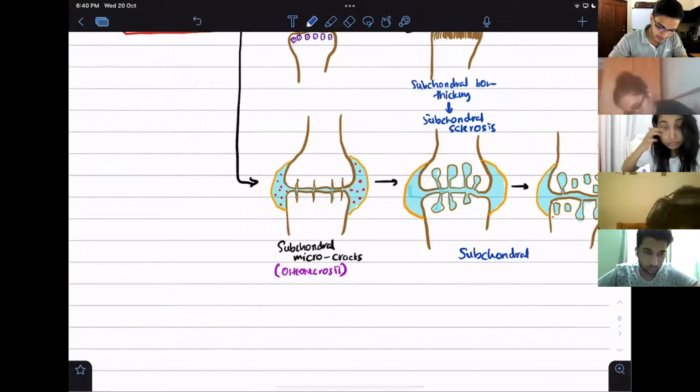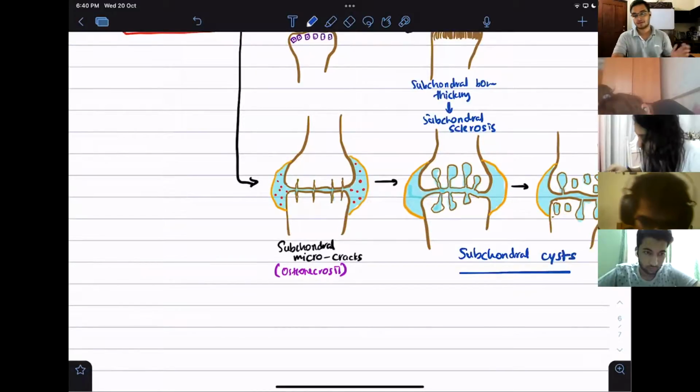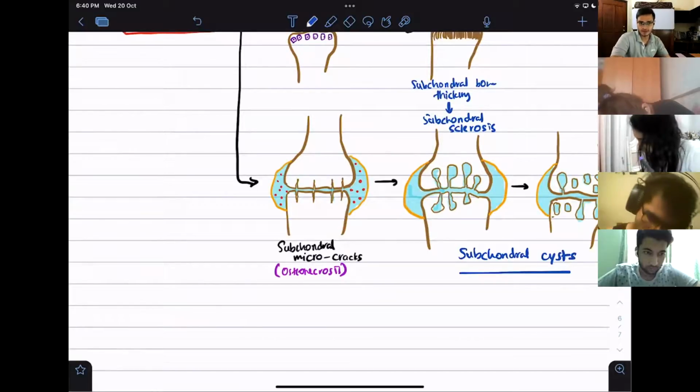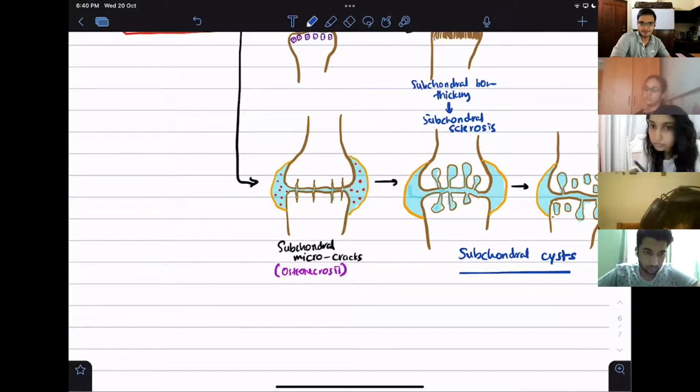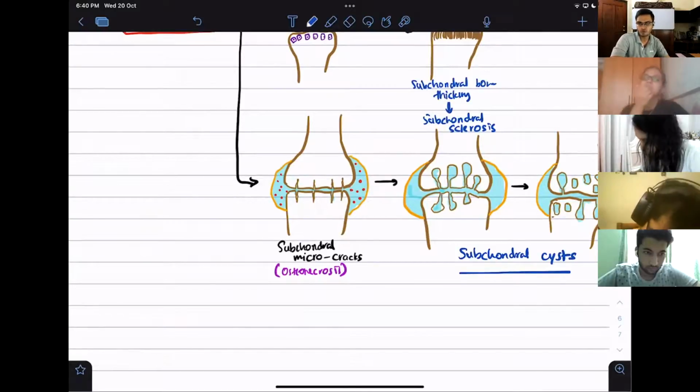Subchondral cyst formations, all of these, why? Because the bones are rubbing against each other. Cartilage worn off, bones are rubbing against each other, micro damage. So subchondral sclerosis, subchondral cysts.